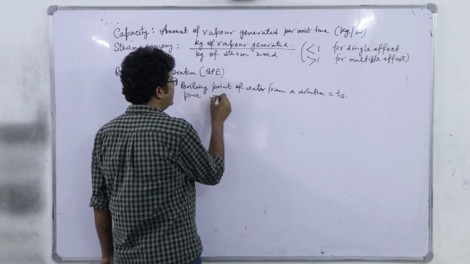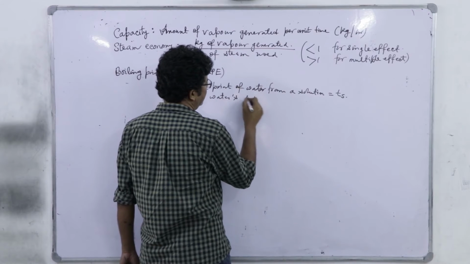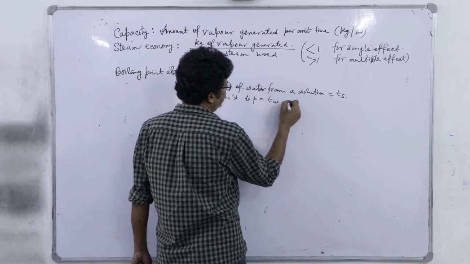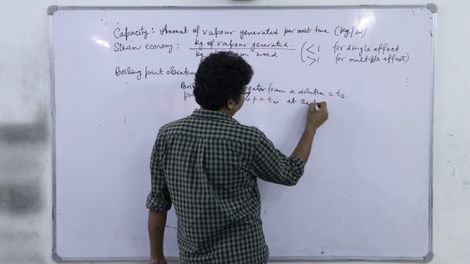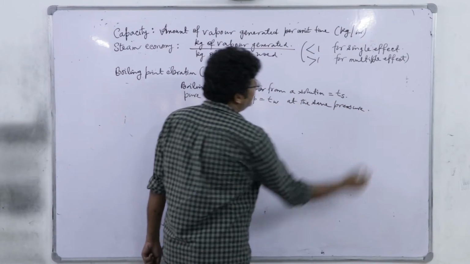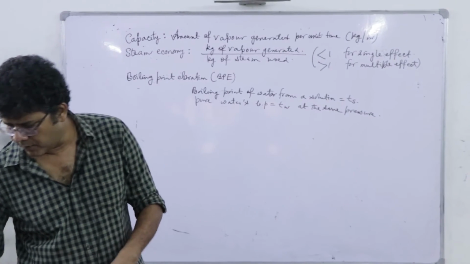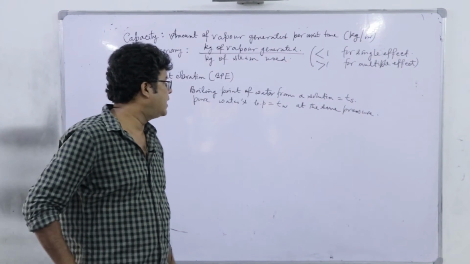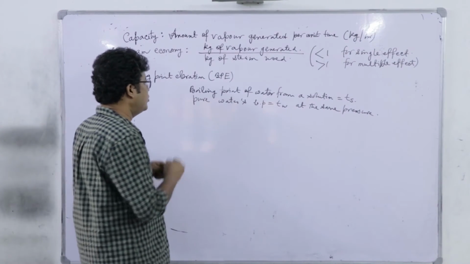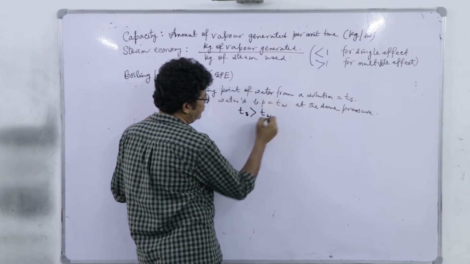Now, pure water's boiling point is Tw at the same pressure. And it is very obvious from the property of the solution that Ts is greater than Tw, right. Ts is greater than Tw.